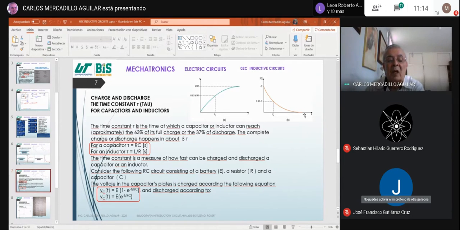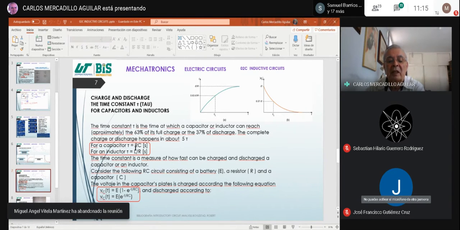Well, what is the time constant? For RC circuits, which are circuits made out of resistors and capacitors, and RL circuits, which are those that only have inductors and resistors, the time constants are as follows.